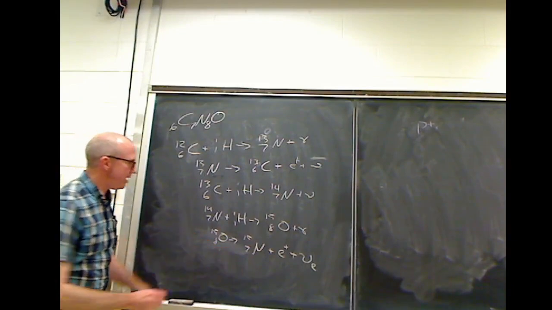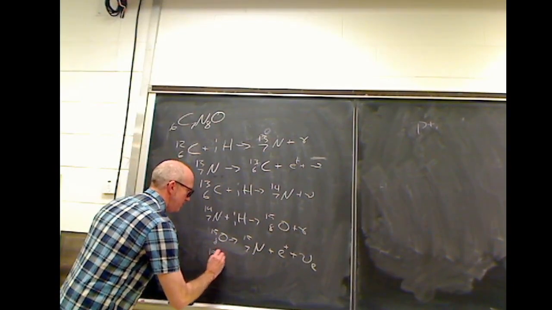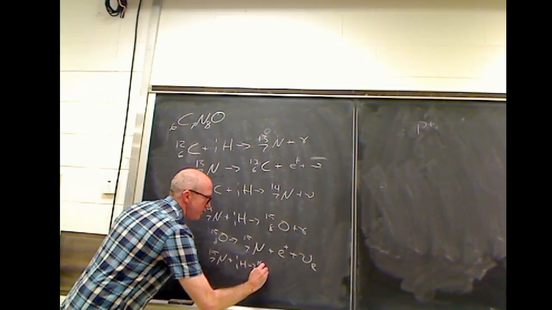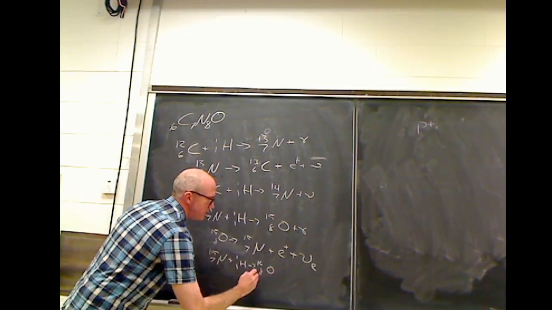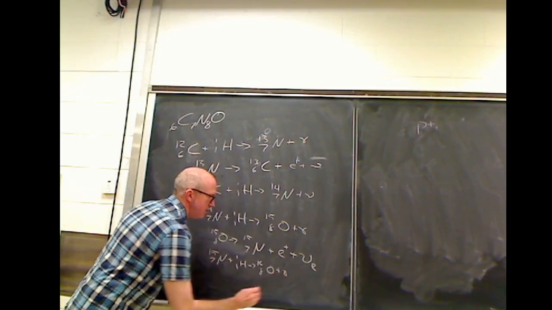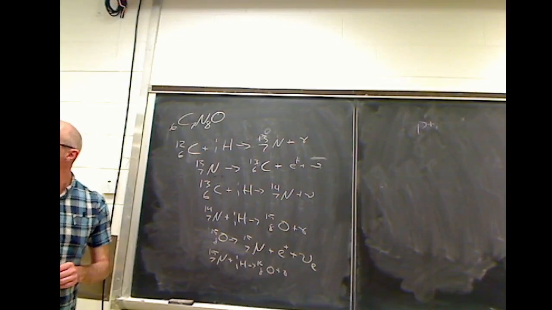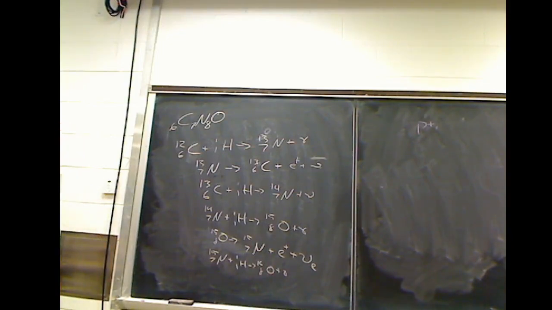So then we take this nitrogen plus another hydrogen, and we're left with oxygen 16. And then the oxygen 16, let's see. Oh, I'm sorry, I did that wrong.